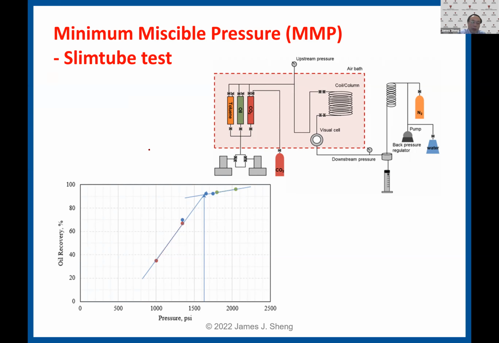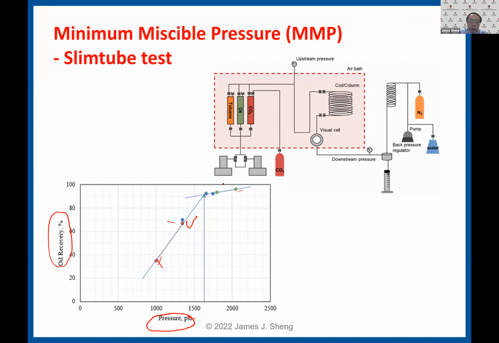So let me use this chart. Here is the injection pressure, and this is the oil recovery. In the beginning the pressure is low, and then it goes to high pressure. As the pressure increases, oil recovery increases because CO2 is better and better mixed with the oil. But when the pressure is too high, the oil recovery increase will not be as much as it was earlier.